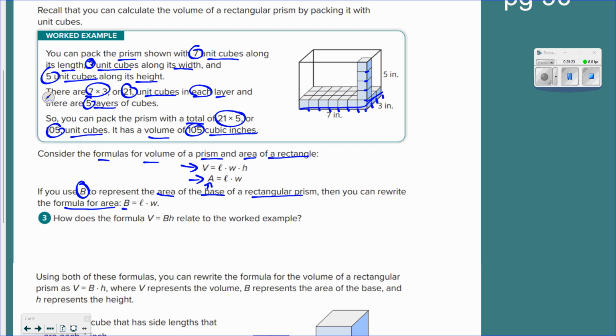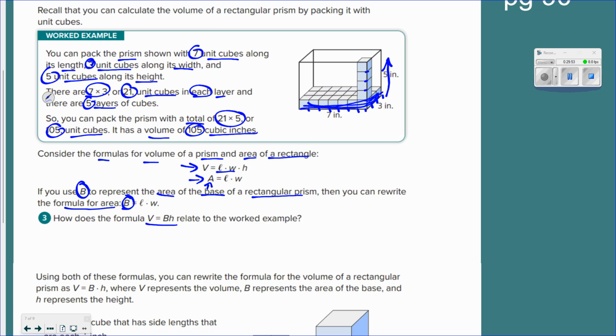If I now say that length times width is just that capital B, I can rewrite my formula as the area of the base times the height, and that will still give me the volume. That's all the formula says: take the area of the base, multiply by height. Find the area of the base by doing length times width.